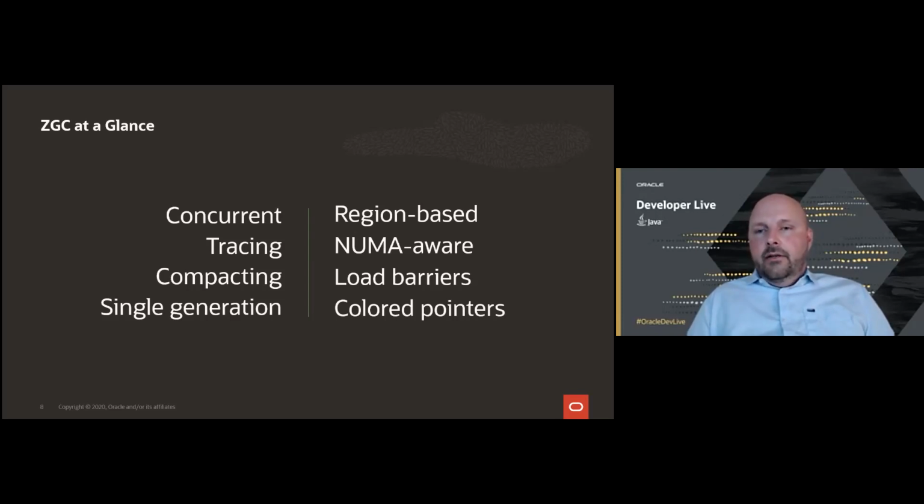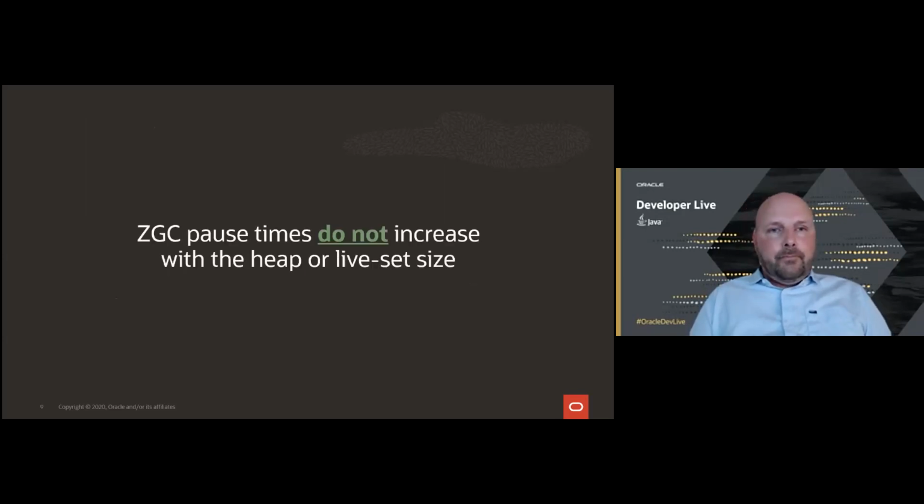It's NUMA aware, so whenever a Java thread is allocating an object, that object will end up in memory that is local to the CPU. And that will, of course, give you nice memory latencies. And it's using load barriers and colored pointers as the main techniques to achieve concurrency.